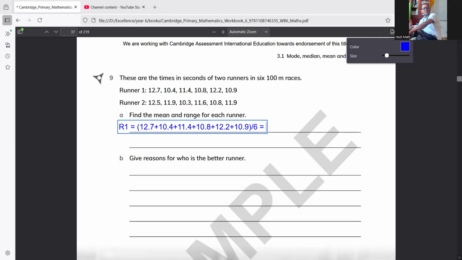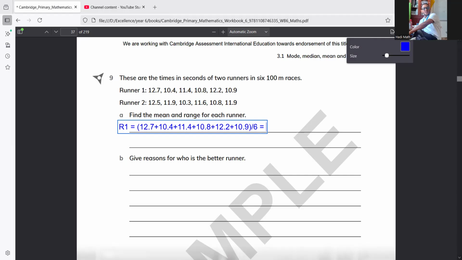Go and add these: 12.7 plus 10.4 plus 11.4 plus 10.8 plus 12.2 plus 10.9.